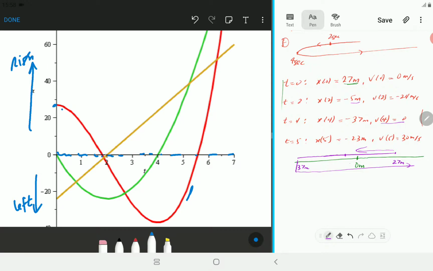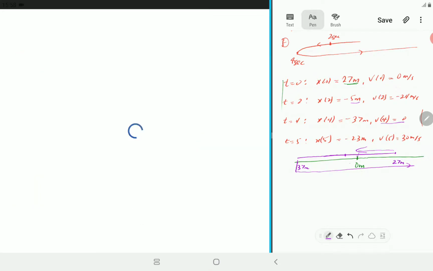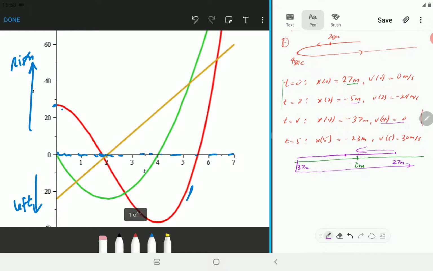Then it goes past the origin at this point, and is now at negative distance to the left of the origin, and then after 4 seconds it changes direction, moves back towards the origin, past the origin, and to the right.